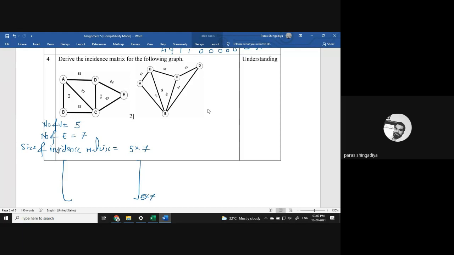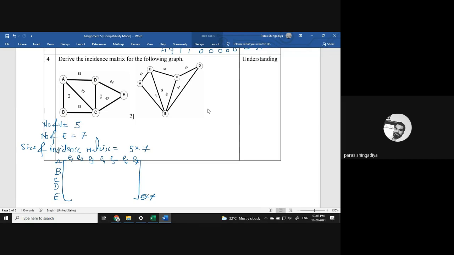Okay, 5 rows means 5 vertex A, B, C, D and E, and now 7 columns means 7 edges E1, E2, E3, E4, E5, E6 and E7. Okay, and now we'll derive the entries of 1 and 0. So we check the relation of A with all the edges.